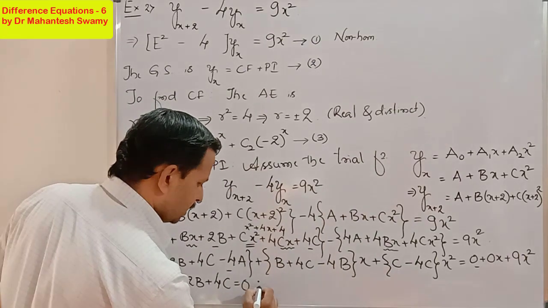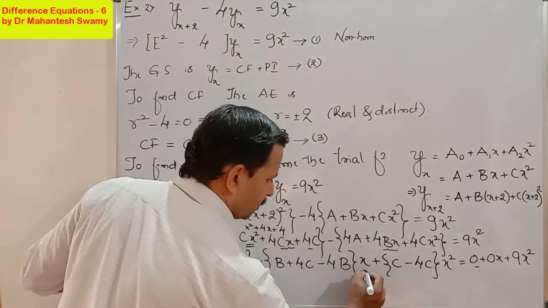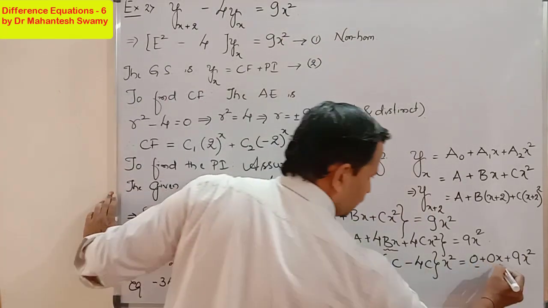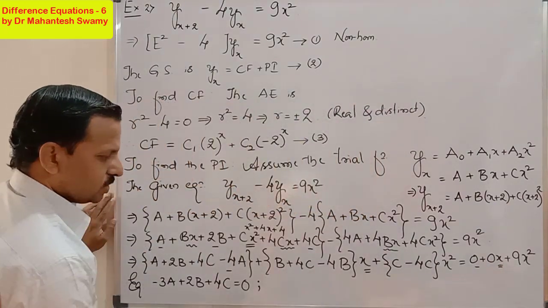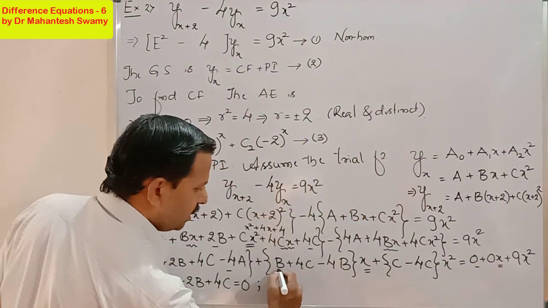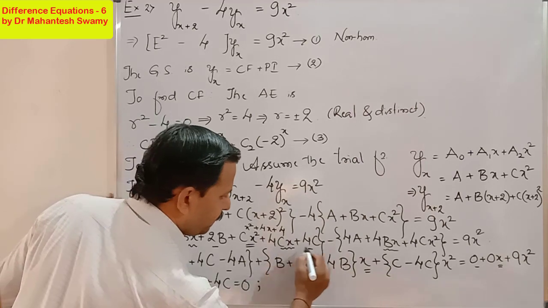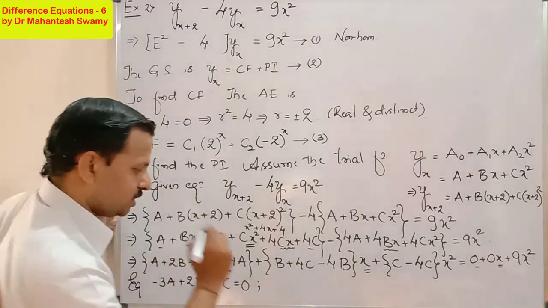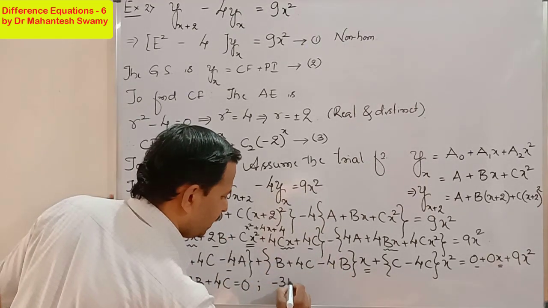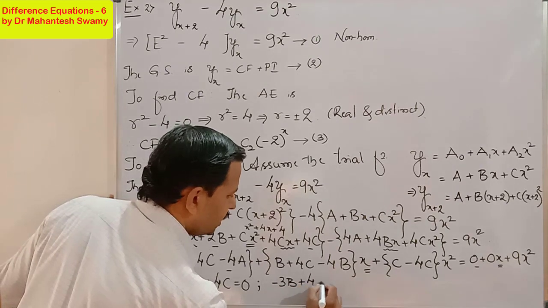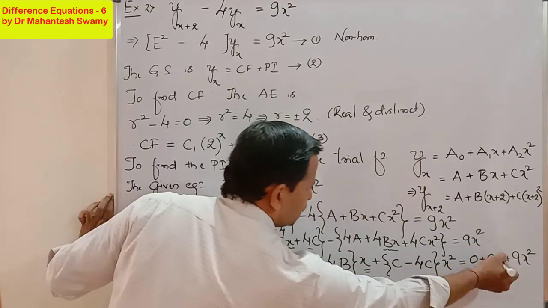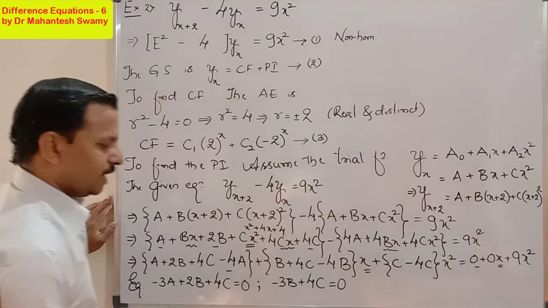Now the coefficients of x on LHS and on RHS. On LHS it is 4c minus 4b plus b, which is minus 3b. So it is minus 3b plus 4c equals, on RHS it is 0 because the coefficient of x is 0 there.